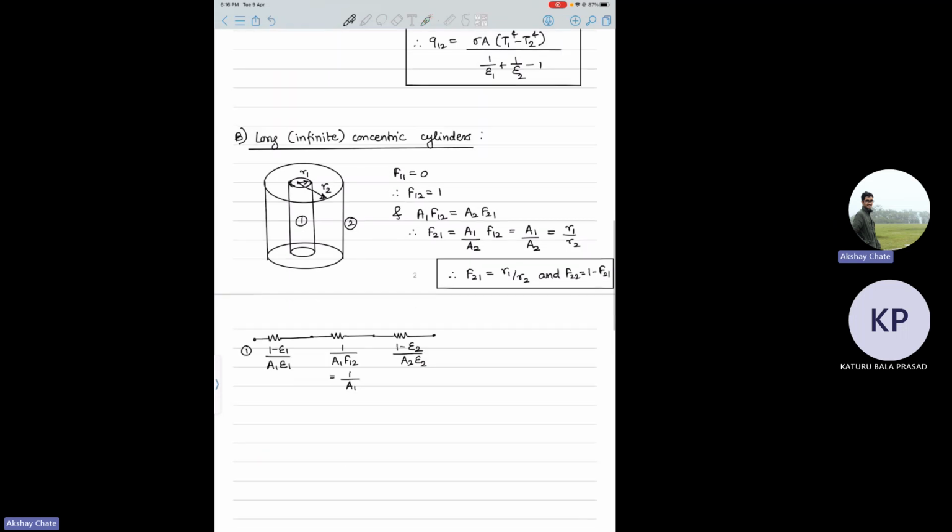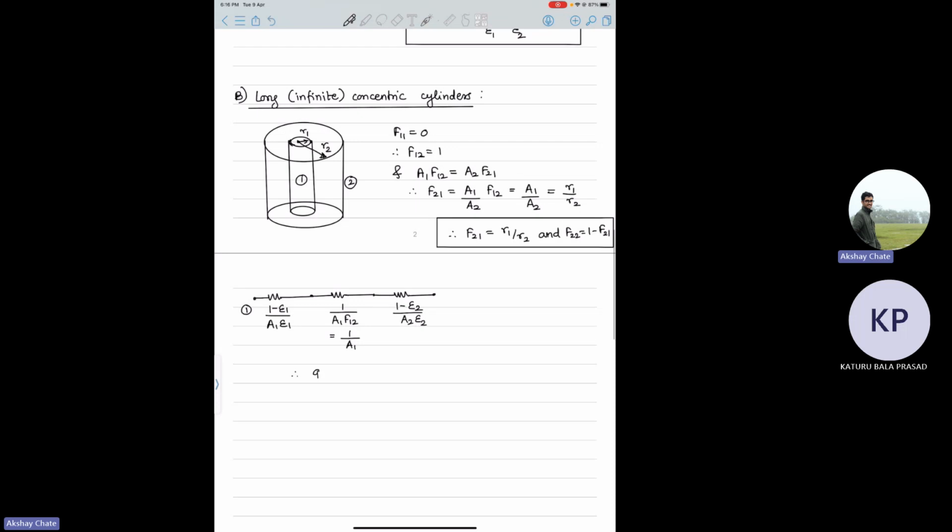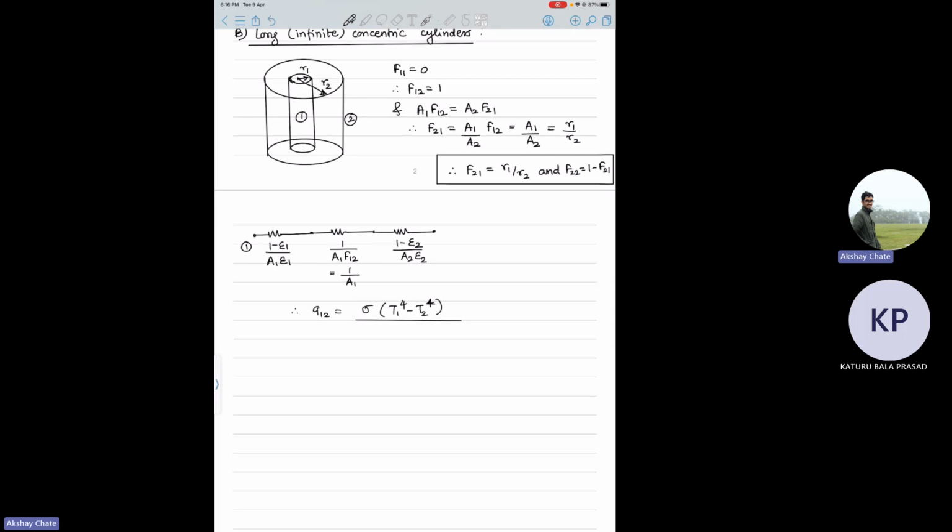So your Q1 to 2 will be nothing but sigma (T1^4 minus T2^4). That remains as it is. And you have to take all resistance terms in the denominator and sum them up. So you'll get something like this.